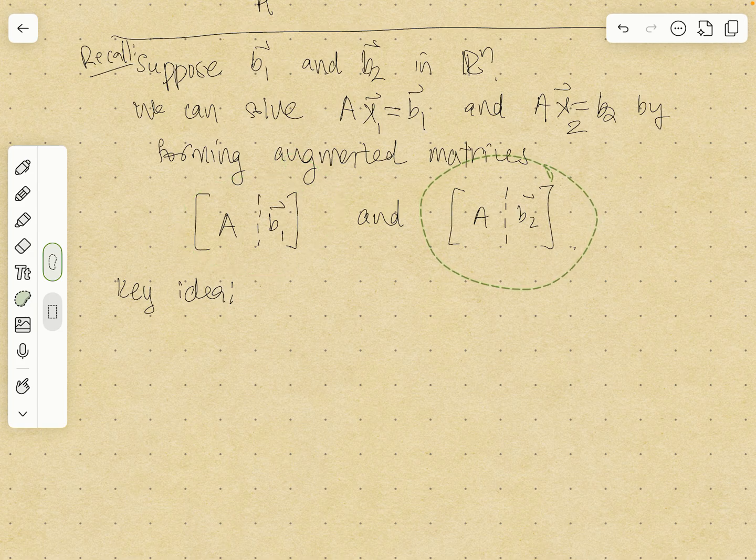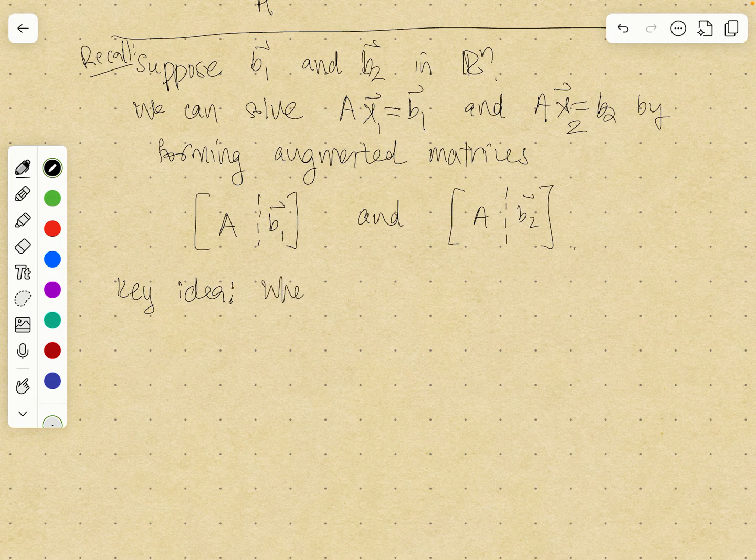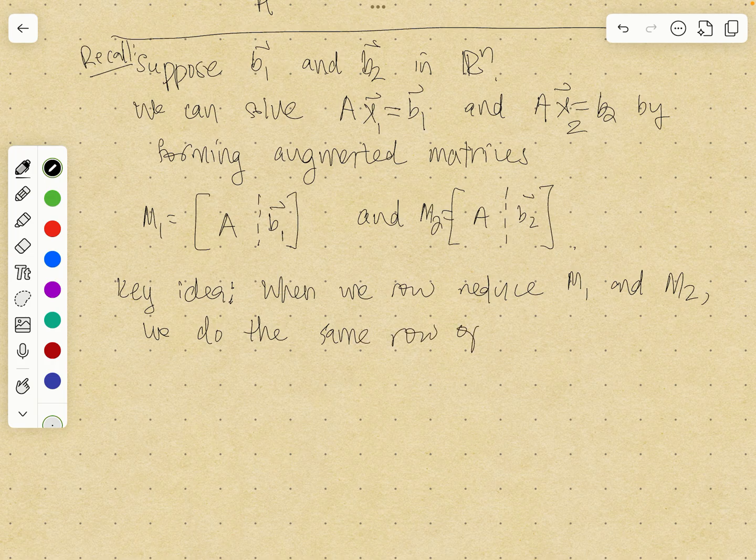You have two of them, but you have the same coefficient matrix A. Let's call these augmented matrices M1 and M2. When you row reduce M1 and M2, we do the same row operations to A.